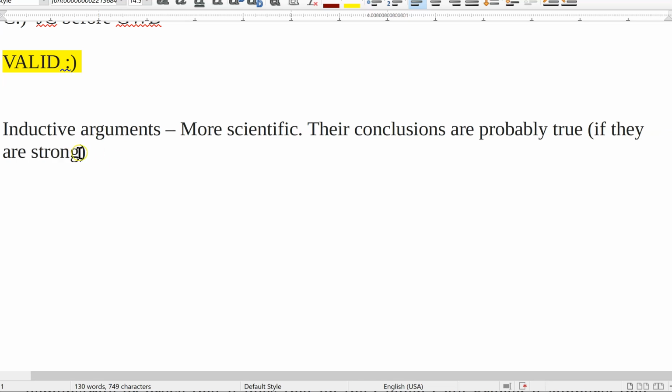Strength is a feature of inductive arguments. So their conclusions are probably true if they're strong inductive arguments.